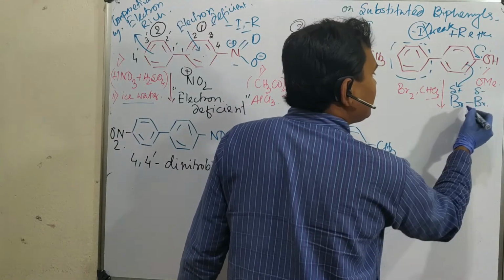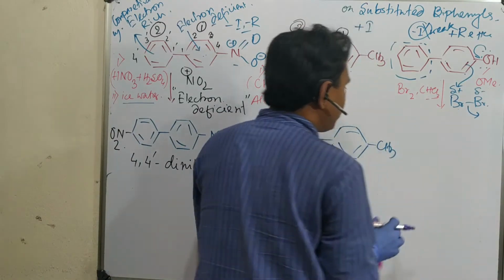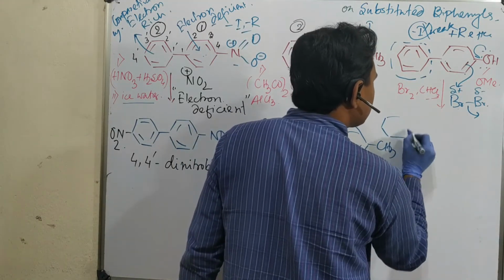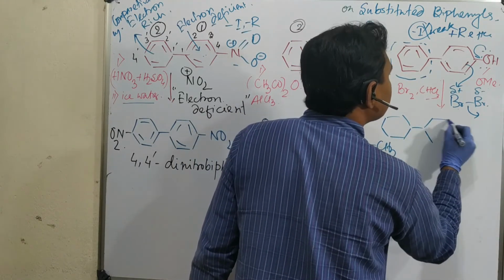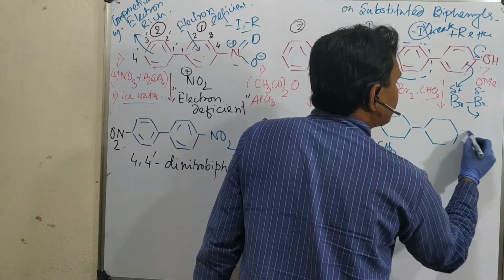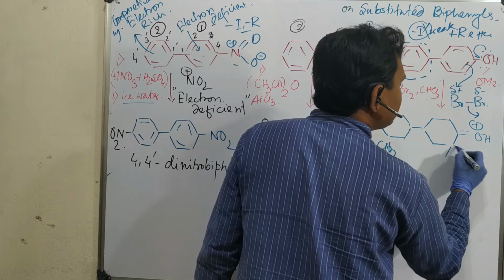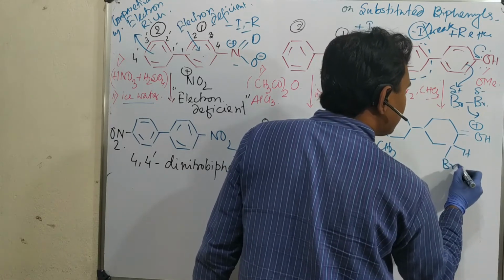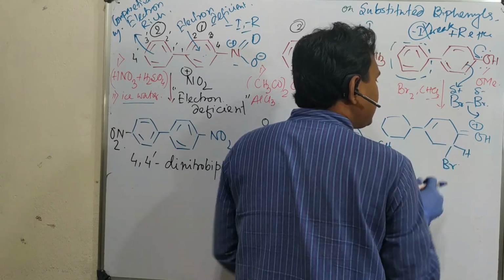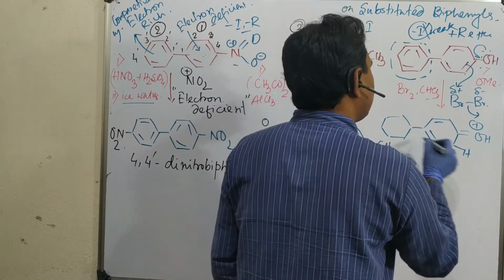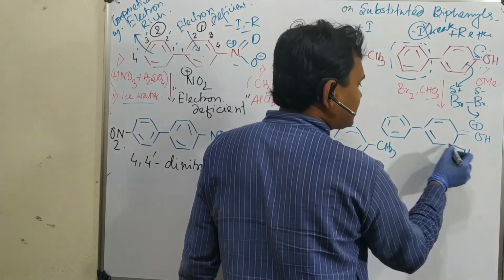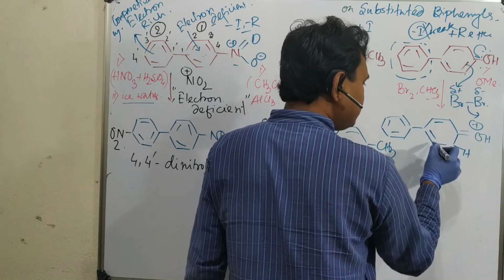So this ring will open, and the product is this, plus HBr. And ultimately what will result? Then this charge will come here.